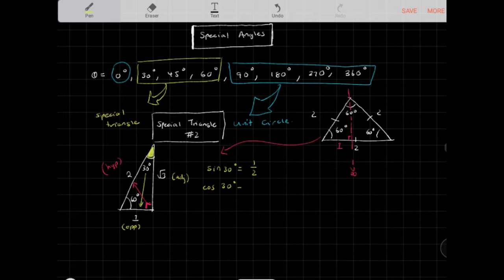Cosine 30 degrees is equal to adjacent over hypotenuse, which is square root 3/2. And tan 30 degrees is equal to opposite over adjacent, which is 1 over square root 3, or if you multiply by square root 3, you can write this as square root 3/3. This is more preferable. So we have our values of 30 degrees for each of these trig functions.